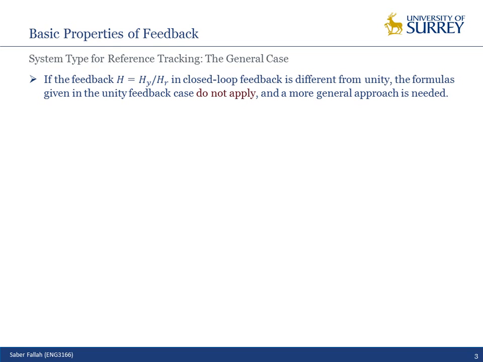As I'm sure you're not remembering, we assume in the feedback we have a transfer function HY over HR, where HY was the sensor transfer function and HR was the input shaping transfer function. Because we have a block in the feedback, it is no longer unity feedback, and we need to redefine the formulation of system type for such a system.